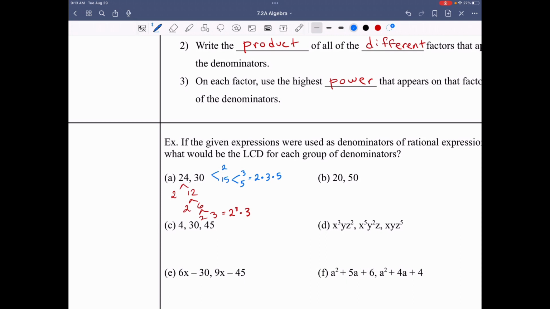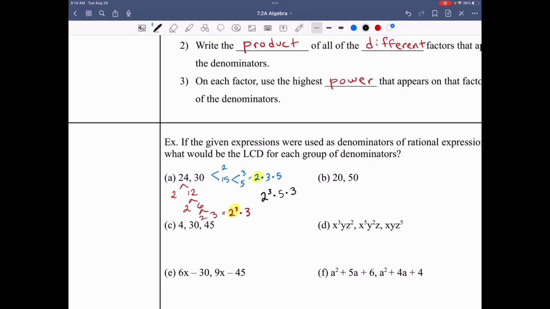Then we have to write the product of all the different factors that appear, and we're going to use the highest power. So for the 2's, we're going to use 2 to the third. And then we use the 5. We do have to use the 3.